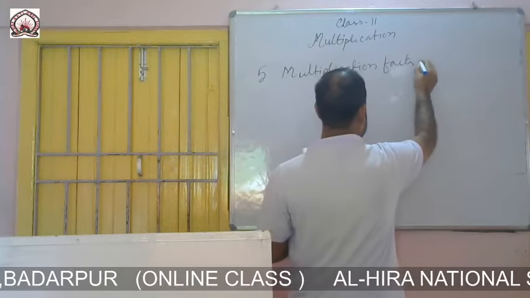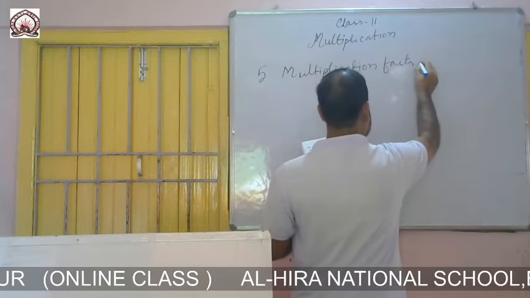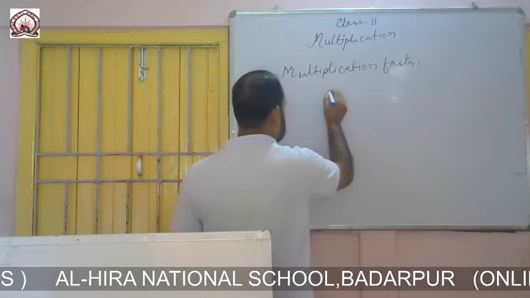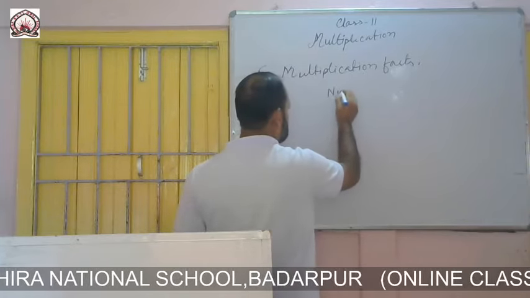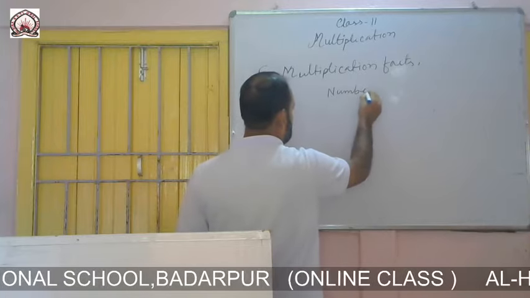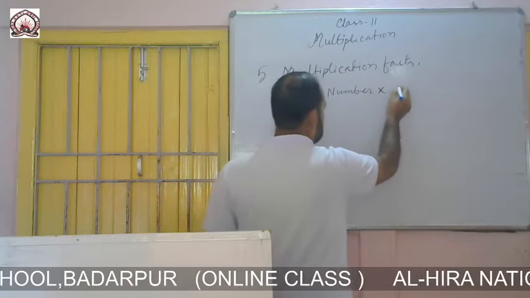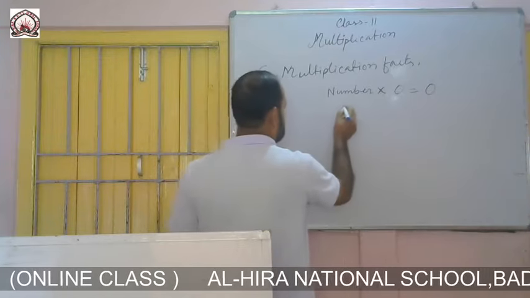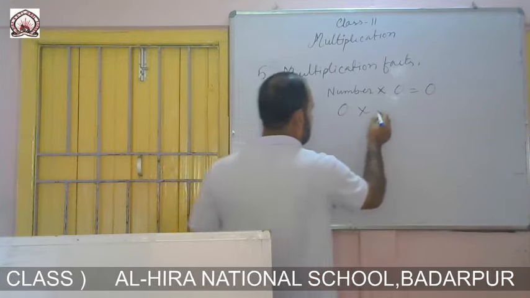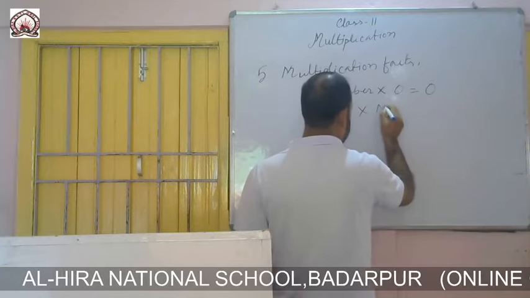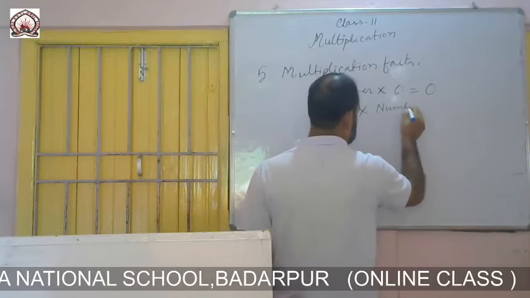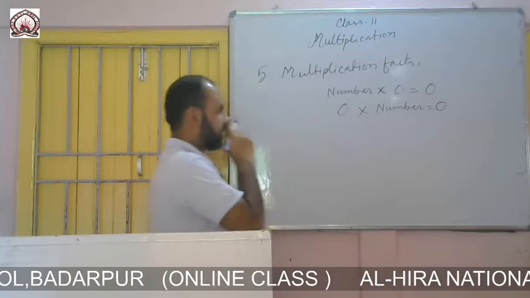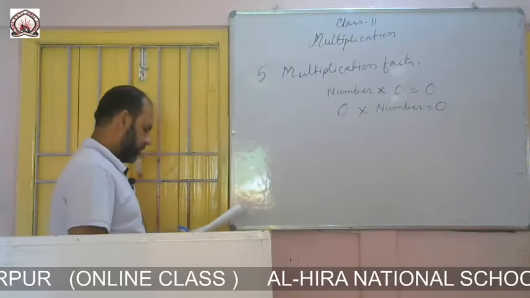Number into 0 is always 0, or 0 into number equal to 0.